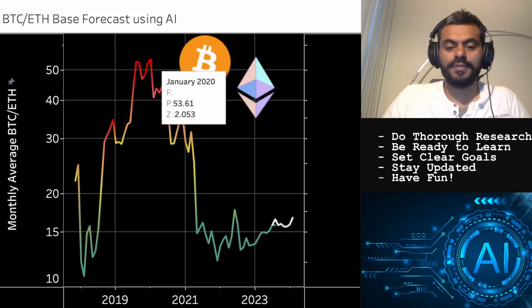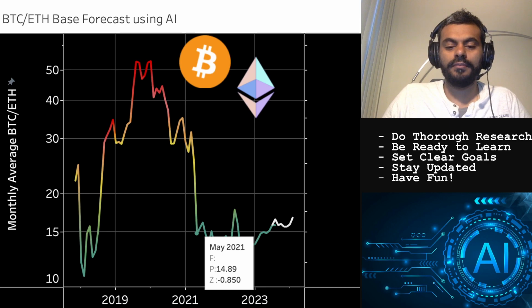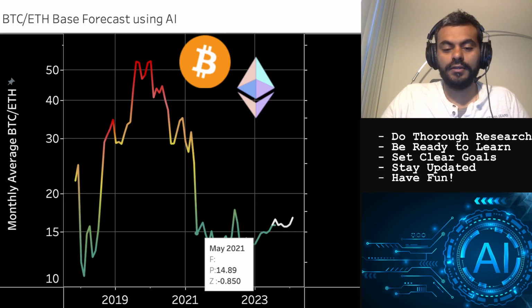Ever since then, especially starting January 2020, this particular valuation has gone down. That means it has favored Ethereum over Bitcoin, especially in February to May of 2021, where you could only get about 14.89 Ethereum per BTC.